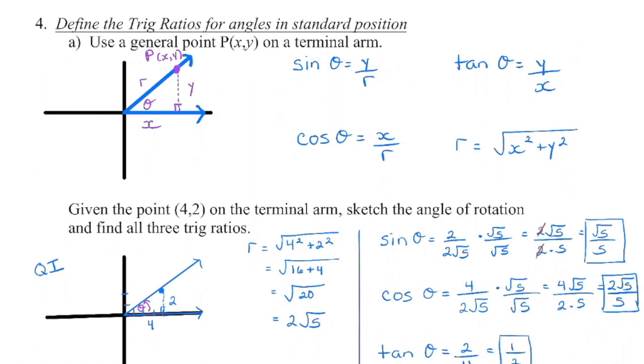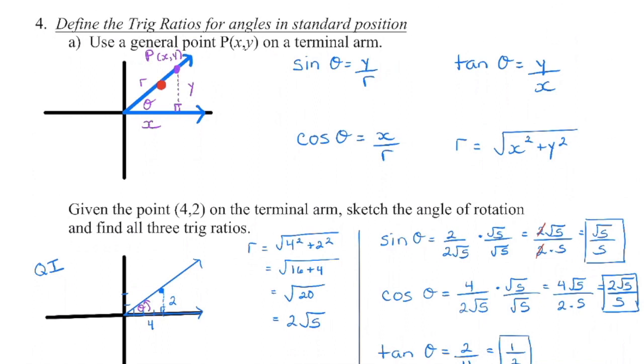We know that we can use our primary trig ratios, sine, cosine, and tangent, in any right angle triangle. If this is my angle of rotation, in this first example, I know that whatever point that is, this is how many units we moved on the x-axis, so that's going to be that value. And then this is how many units up we went on the y-axis, which is going to be that value.